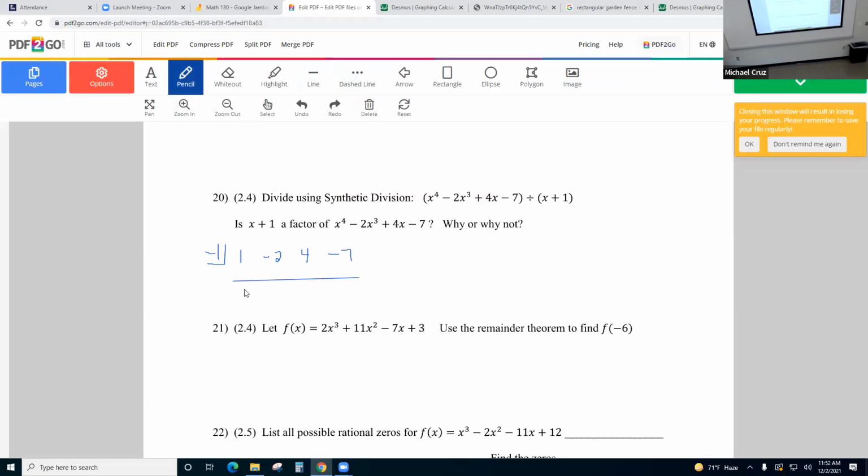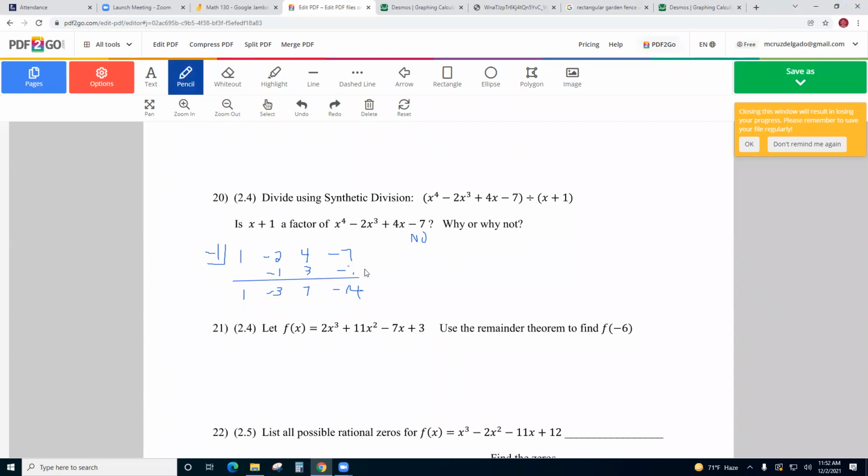All right, so bring down the 1. 1 times -1 is -1. -3. 1 times -3 is 3. So that must be what you were talking about there, yeah. So this one... that'll be 1, because you forgot your negative in front of the 3. -1 times 7 is -7, right?